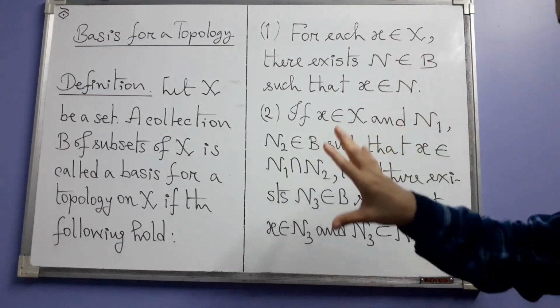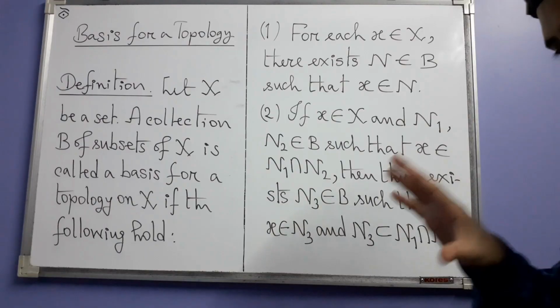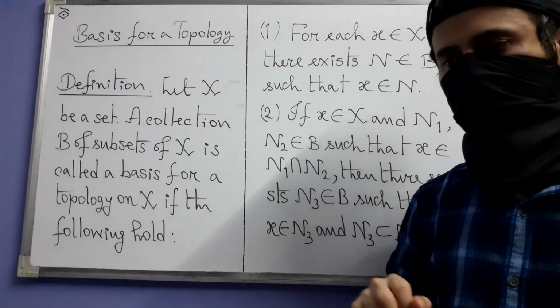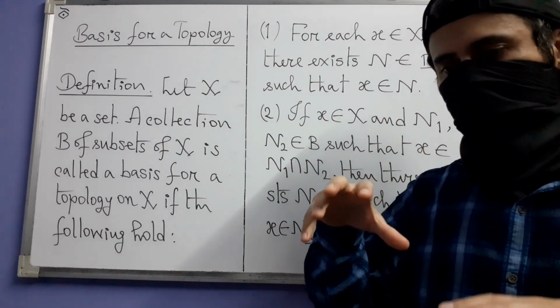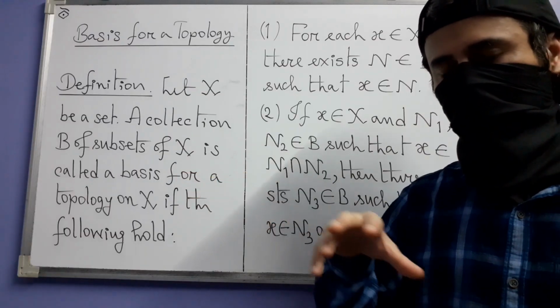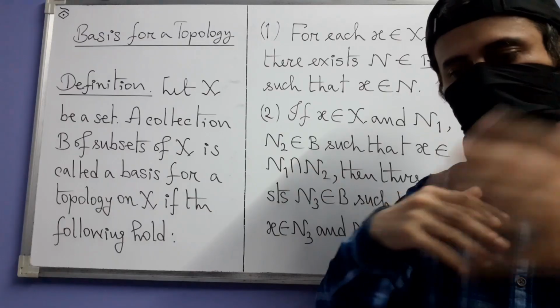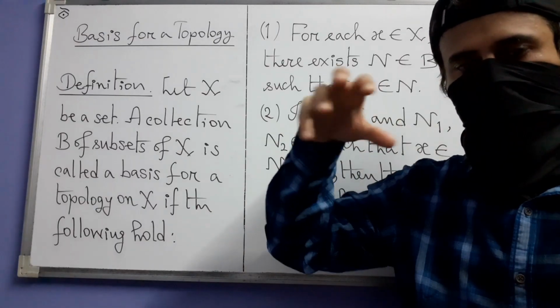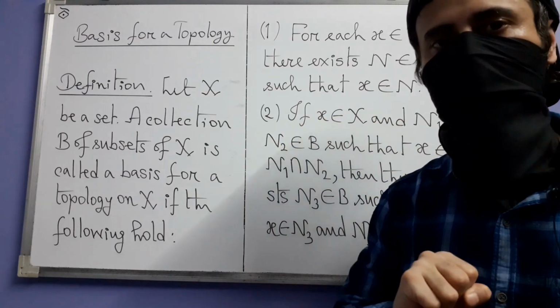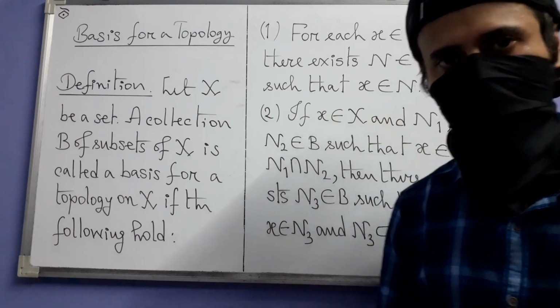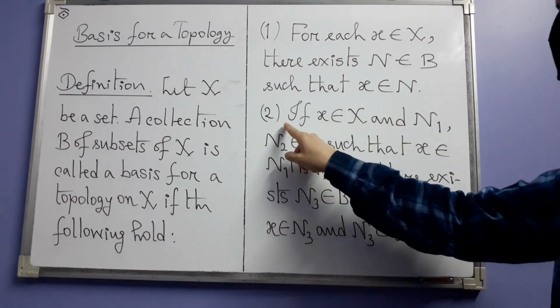So this is what you should remember: the N's are sufficient in number, in the sense that if you take the collection of all N's, then they entirely cover X. So that is condition 1. And then what about condition 2?